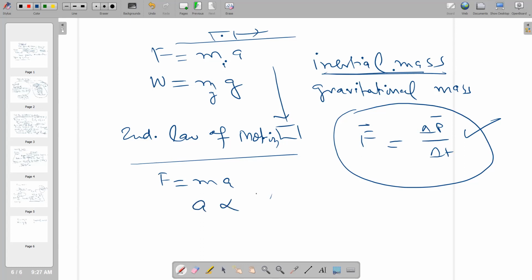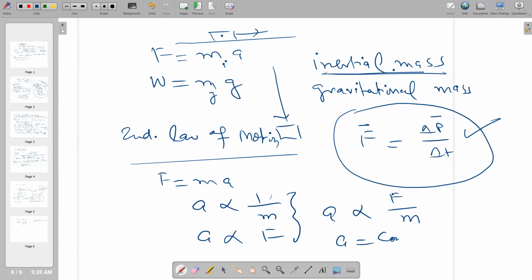The second law is this one: acceleration is inversely proportional to mass, as we have seen in the previous slide. And acceleration is proportional to force. More force, more acceleration. When you combine these, it is F over m. And you can write a = constant times F over m.